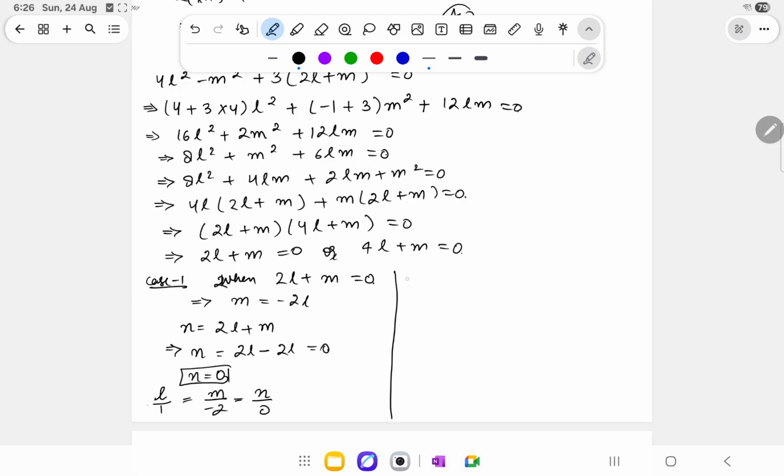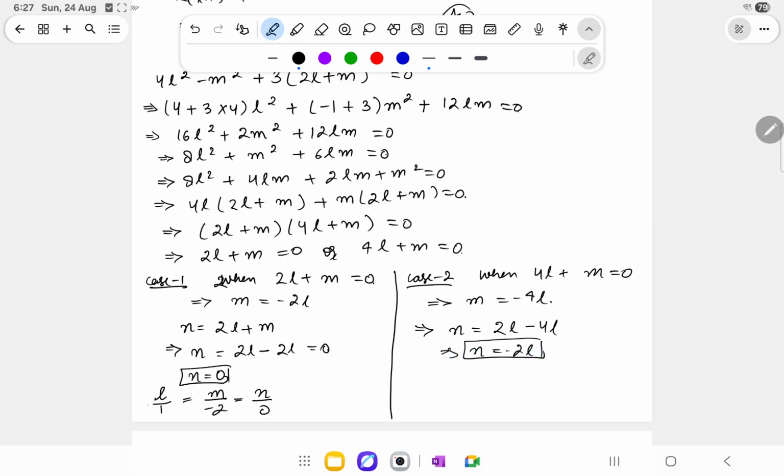And case 2 is when 4l plus m equals to 0. From here I got m as minus 4l. If I solve for n, which is basically 2l plus m, I got n as minus 2l. So I got l upon 1 equals to m upon minus 4 equals to n upon minus 2.